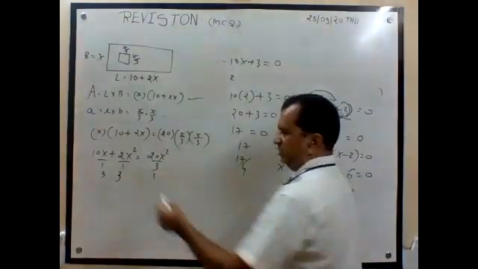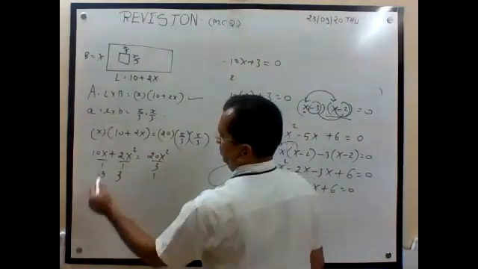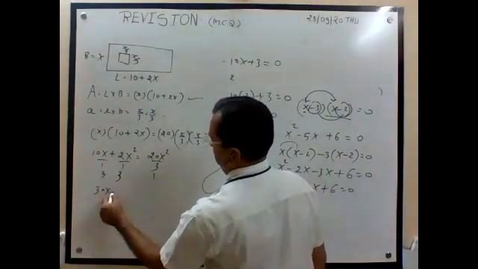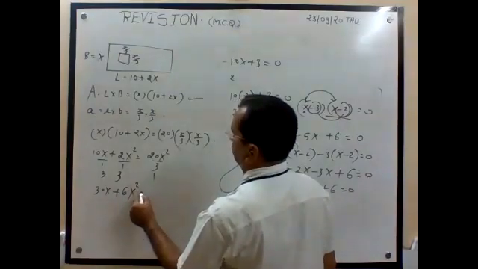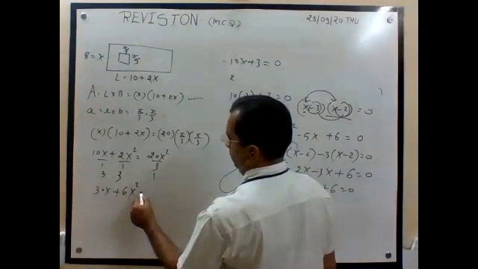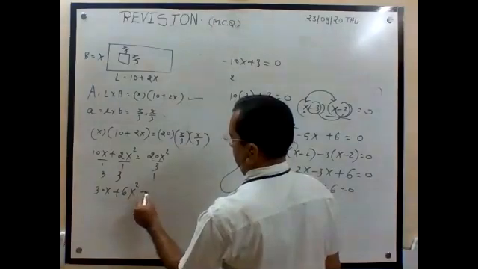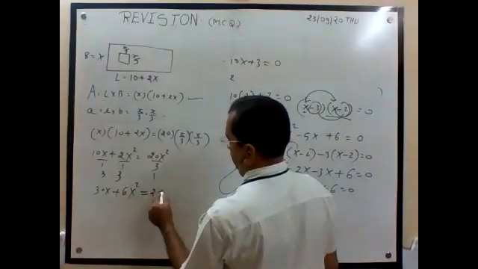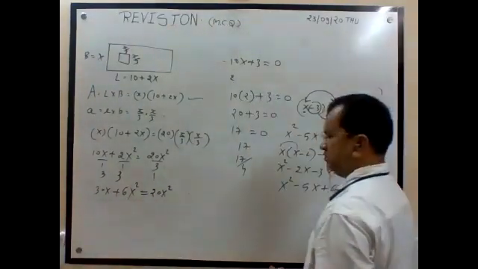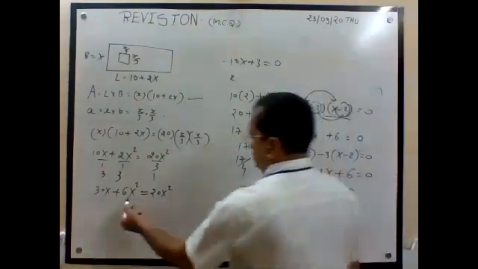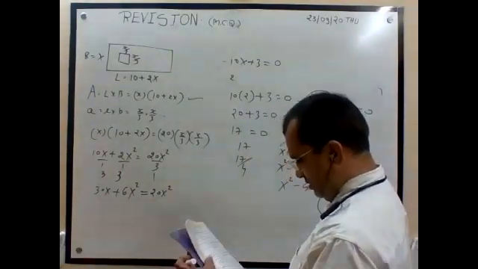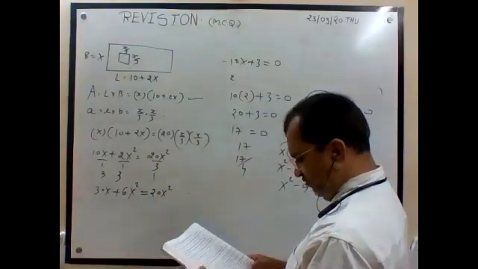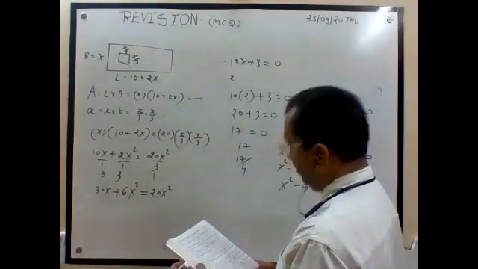3 is the LCM. So 30x plus 6x square is equal to 20x square. This comes to this side. And later, the length of the farm is 10 meters more than twice its breadth.